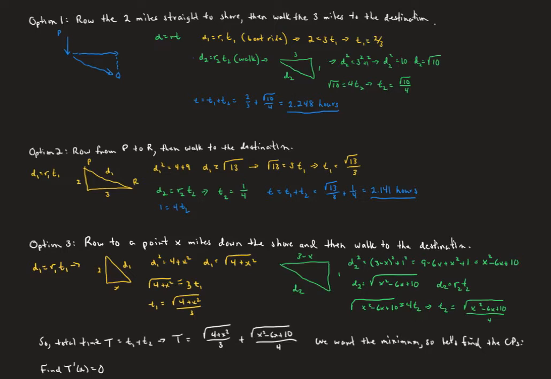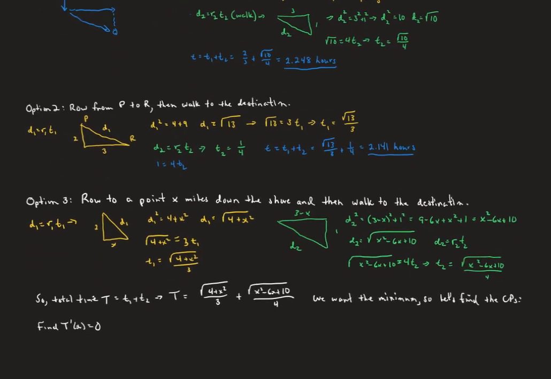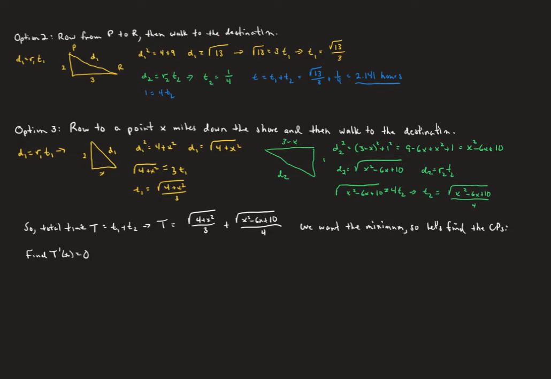Now we're going to see if we can beat that time. So far it looks like we're trying to find a way to get there in under 2.141 hours. Now is where it gets really interesting. We're aiming for a point where we're x miles down river from where we are in the boat.